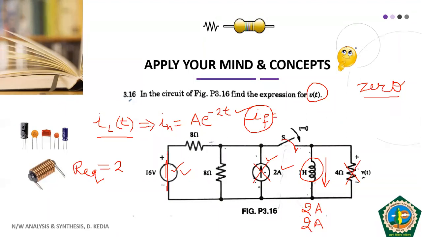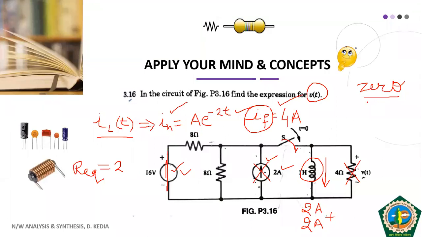And in the superposition theorem, we have to obtain the summation of these two, which comes out to be 4 ampere. The value of the forced current through this inductor will be 4 ampere. And we know that the complete value will be the summation of this and this. So this ILT will come out to be 4 plus A e raised to power minus 2t.